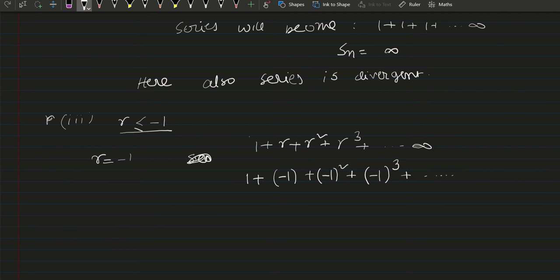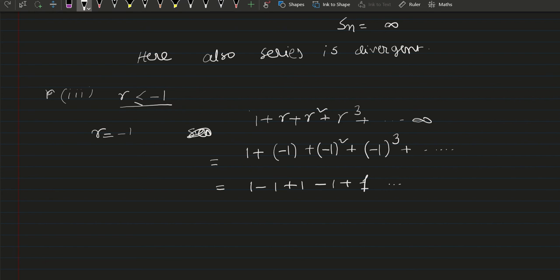Okay. So this will be 1 minus 1 plus 1 minus 1 plus 1, and this will continue. So if we take the first term, then it will be 1. If we take 2 terms, then it will be 0. 3 terms, then it will be 1. So Sn is equal to 0 when we take an even number of terms.